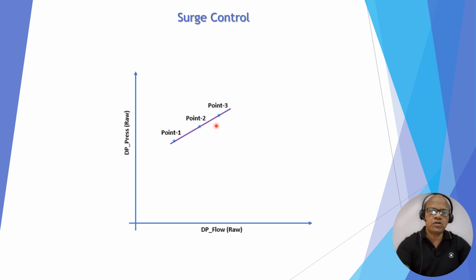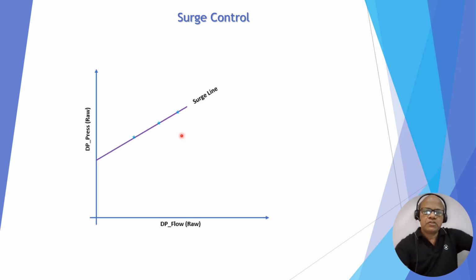We have to draw a line passing closer to all these points, and this line is called the surge line. After connecting up to this point or this point, this is called the surge line, because this line represents the surge data points.